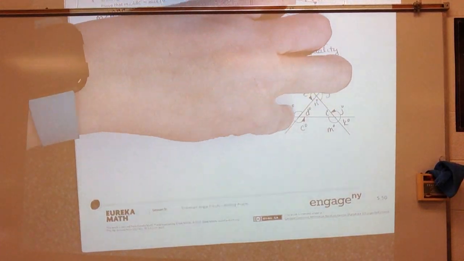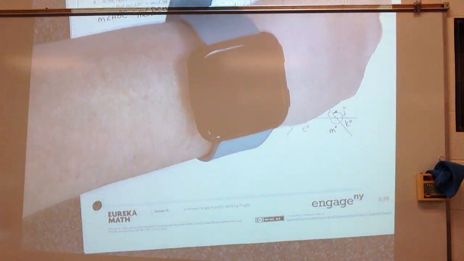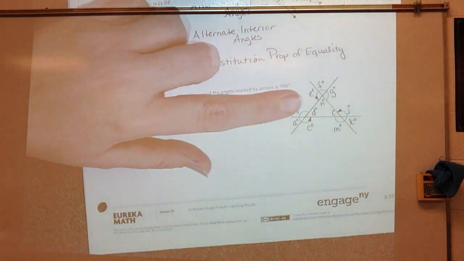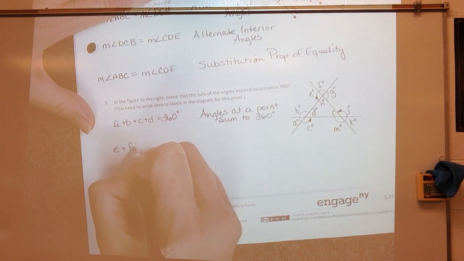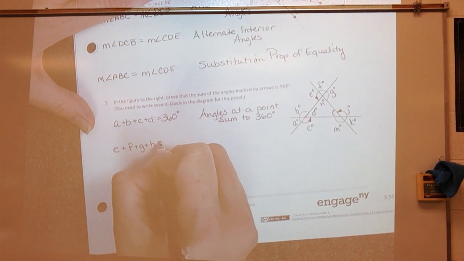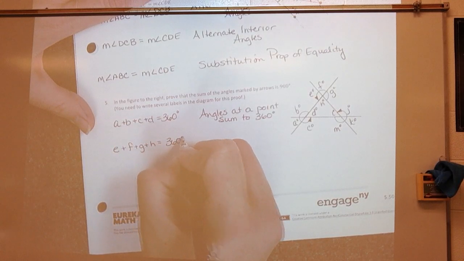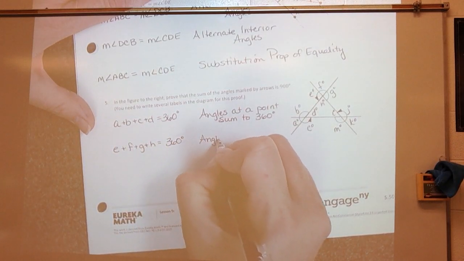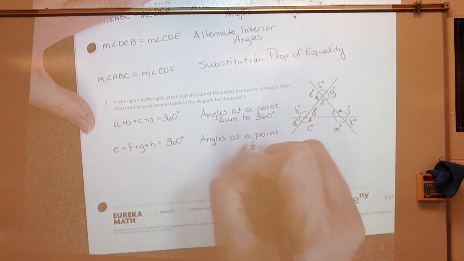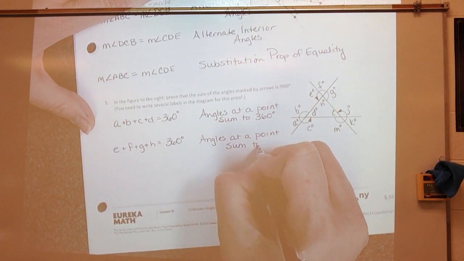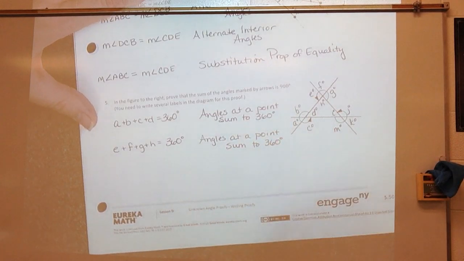Now, because I know that, then I know that about this part up here, up at the top. So E plus F plus G plus H is 360 degrees. Same reason. Angles at a point sum to 360 degrees.